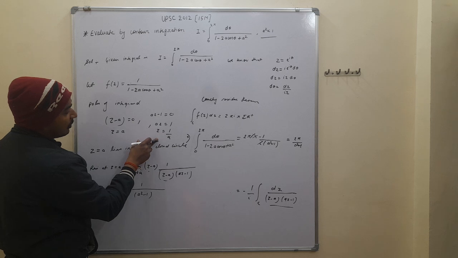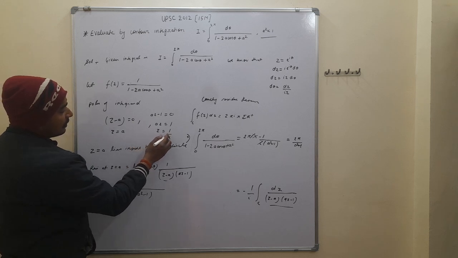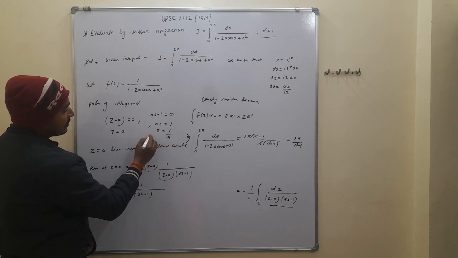From here we can also write z is equal to 1 by a as z minus 1 by a.